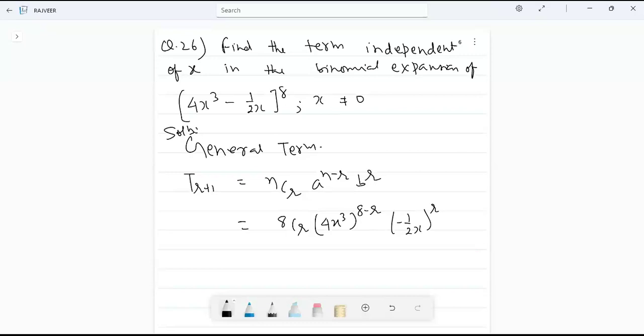Now you tell me, if we want the term independent of x, first you make me understand the meaning of this sentence and then tell me the solution. Tell me the steps that you are going to take so that you get the term independent of x. It's your turn.